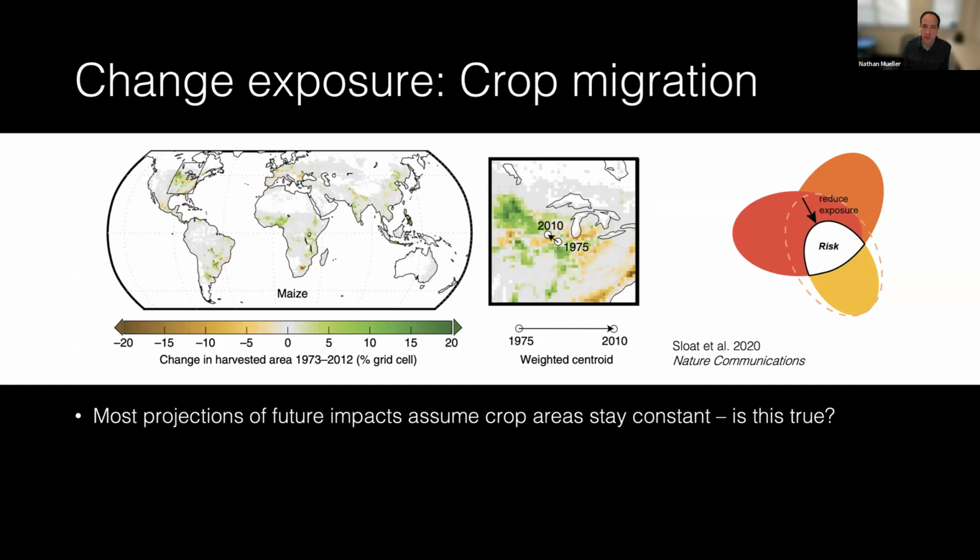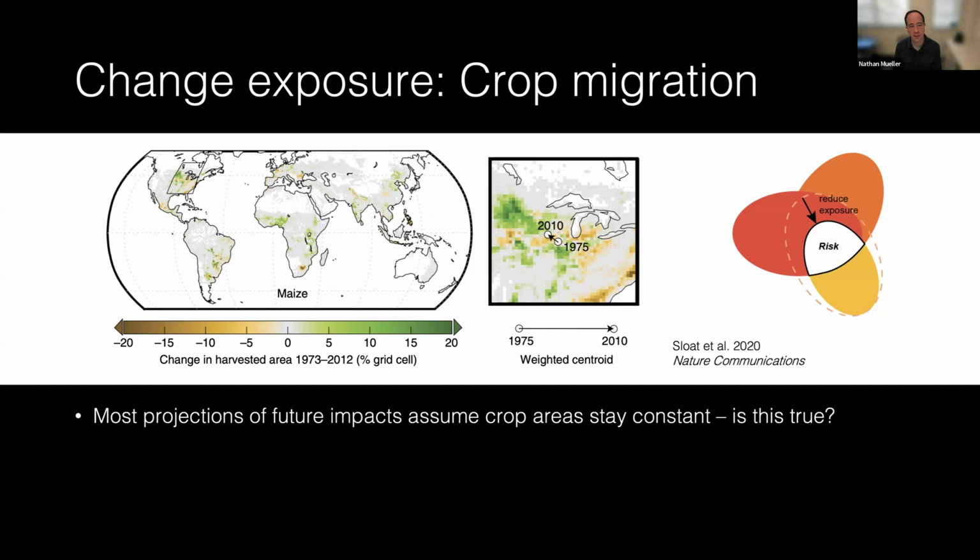Let's think about exposure now. So again, a common assumption when we try and project what's going to happen to crops out in 2050 or 2080 is that we just assume crops stay the same in the same places. But we have some colleagues at the University of Minnesota that have compiled a lot of historical agricultural census data.